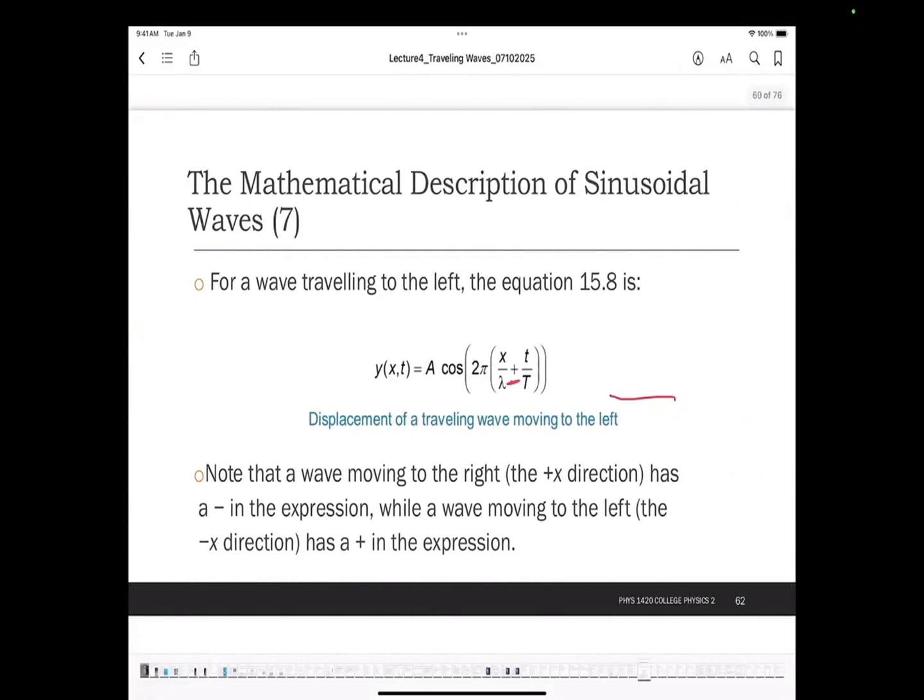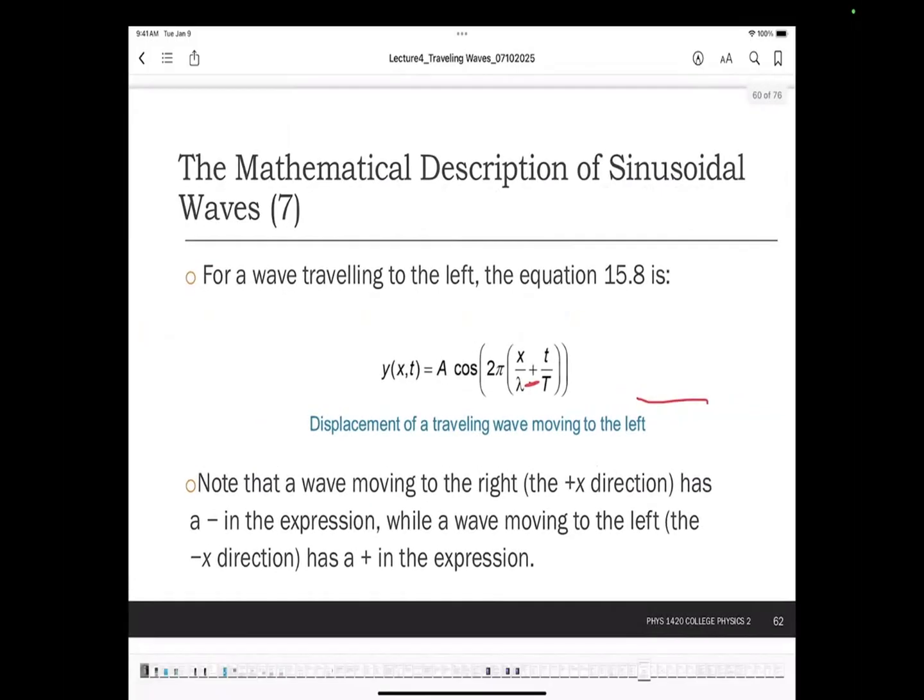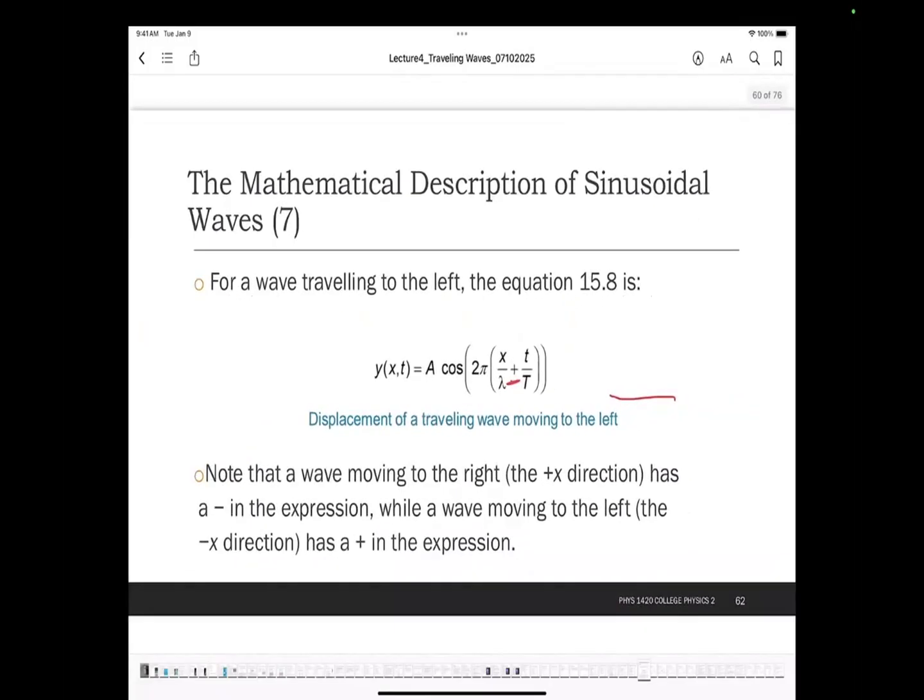Okay. And this is for a wave traveling to the left. Actually, it's similar to the right, but you can see it's a different direction. So we just replace the minus with a plus here. Does it make sense to you? Note that a wave moving to the right, in the plus x direction, has a negative in the expression, while a wave moving to the left, in the minus x direction, has a plus in the expression.